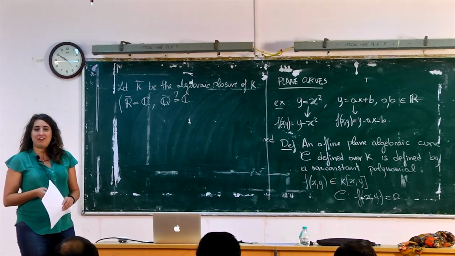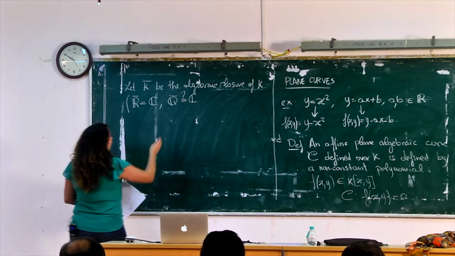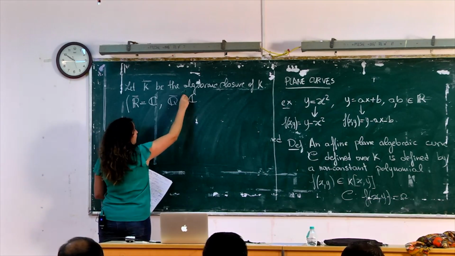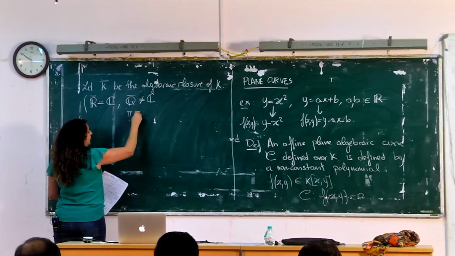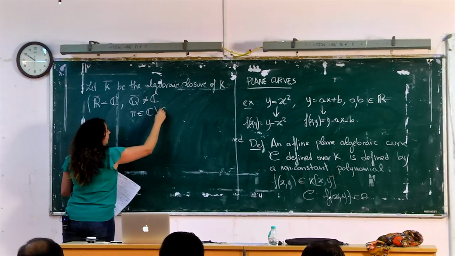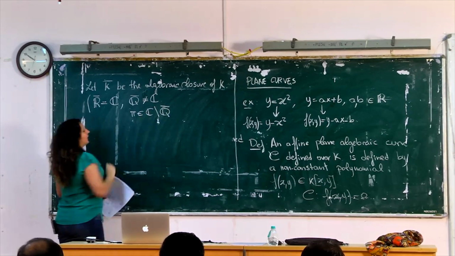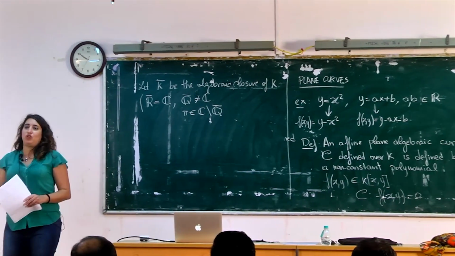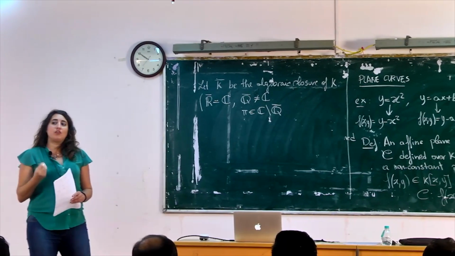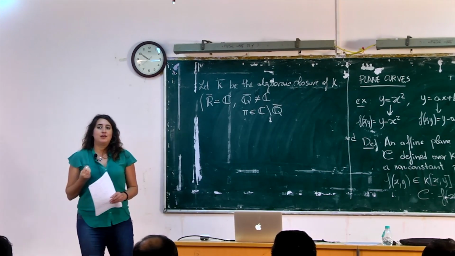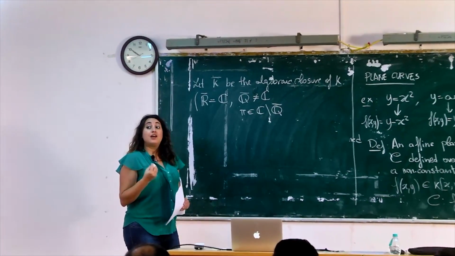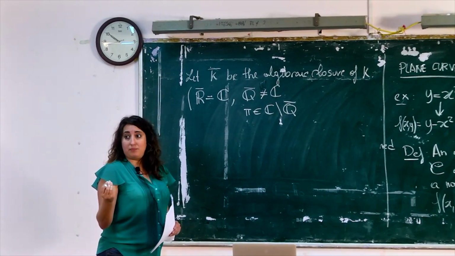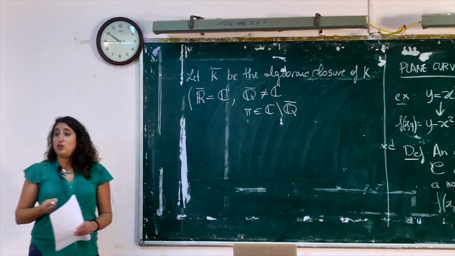There are several examples. Pi. So this is different because pi is an element that belongs to C but not in Q bar. And why does it not belong in Q bar? It's not a root of a polynomial with coefficient in Q, right?